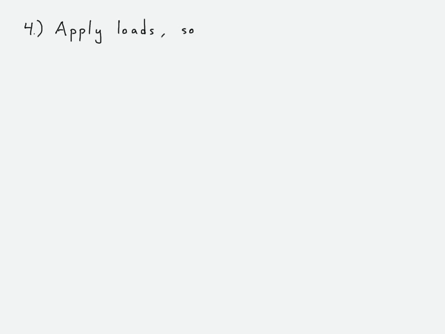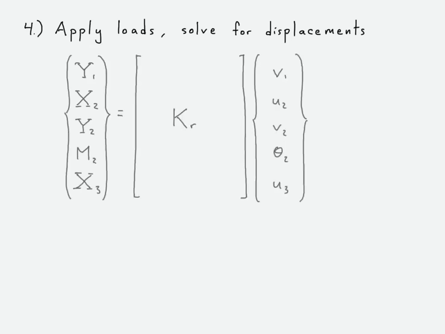So now we're going to apply our loads and solve for the displacements. That's our reduced stiffness matrix equation that we had from the previous slide. We're just going to replace those forces with values that we had from our work equivalent loads.